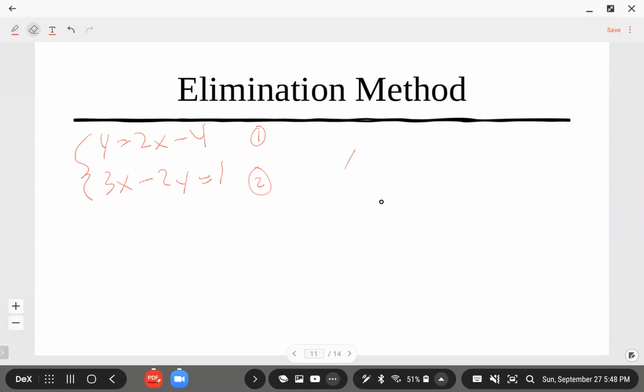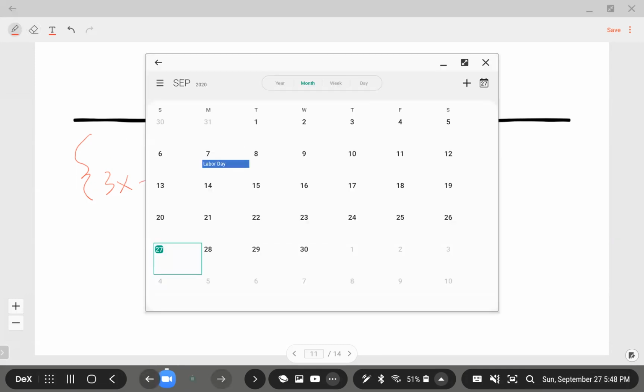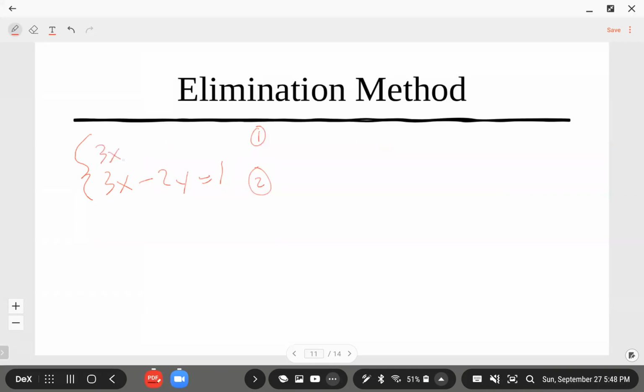Now you might be a bit confused. Actually, that isn't a very good example, okay? Let me switch to another equation. So 3x plus 4y equals 2, something like that, okay? So that is a better example to show you guys.